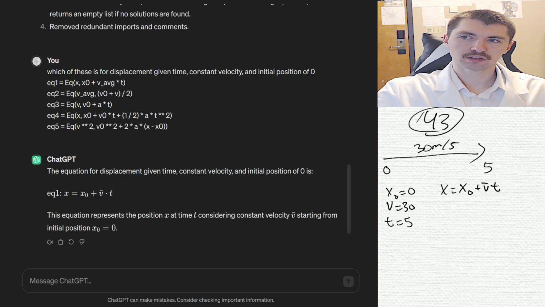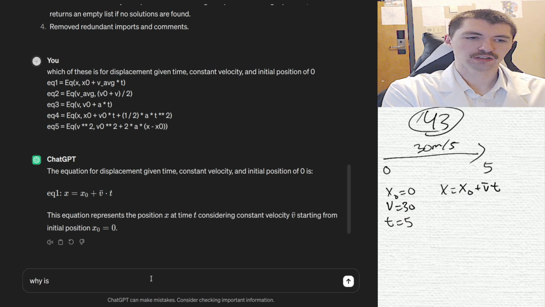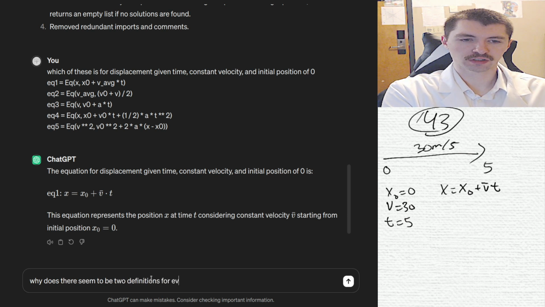So if you watched the last video, I got very stuck with the definition of average velocity. Does there seem to be two definitions for average velocity?